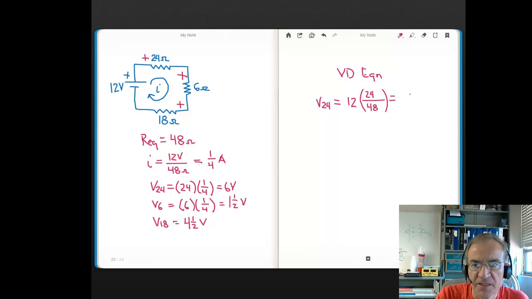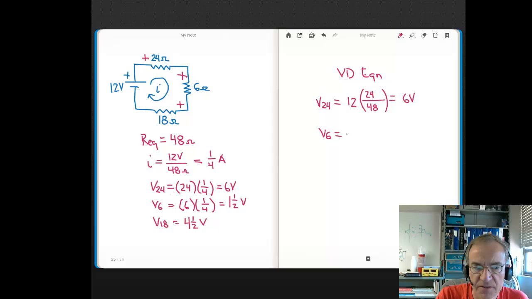Okay, so you see 24 over 48 is a half, so we would get 6 volts, which is the same as what we got over on the other side of the page there.